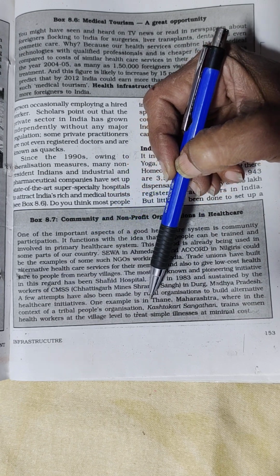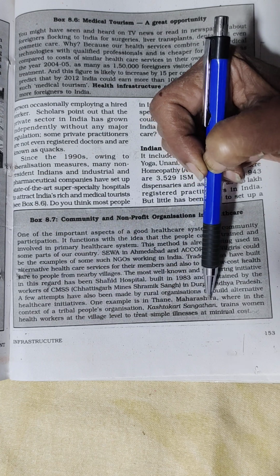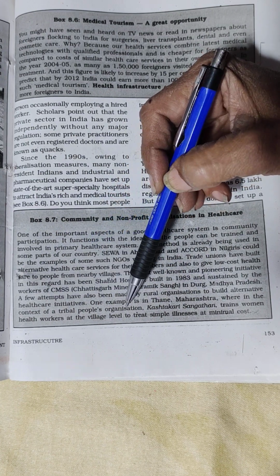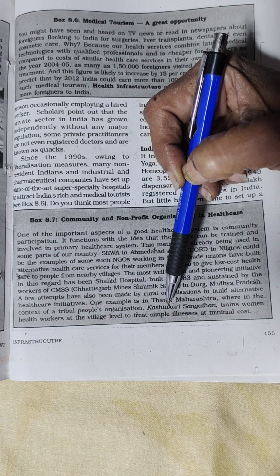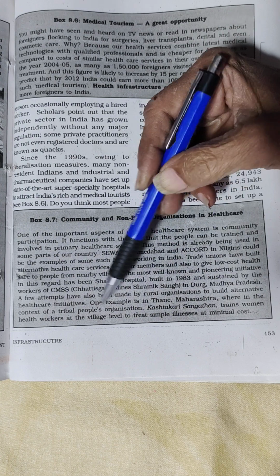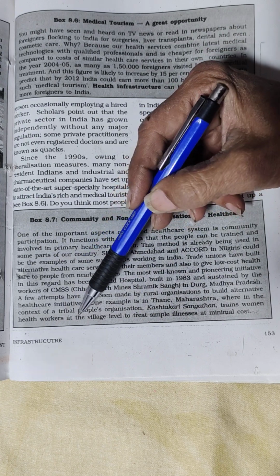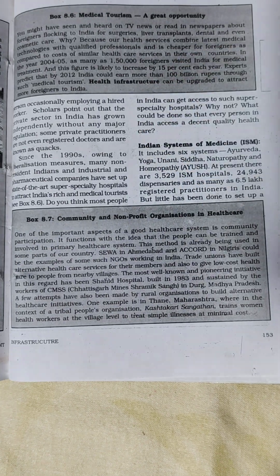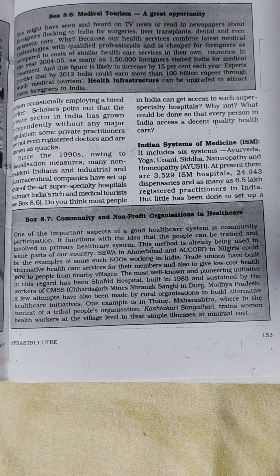One example is in Thane, Maharashtra, where in the context of a tribal people's organization, Kashtakari Sangathan trains women health workers at the village level to treat simple illness at minimal cost.